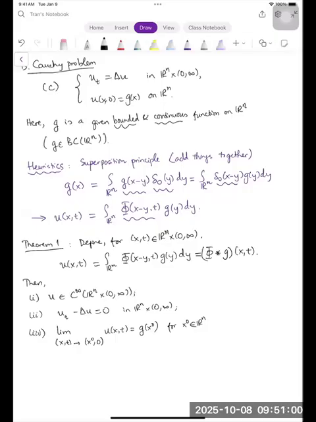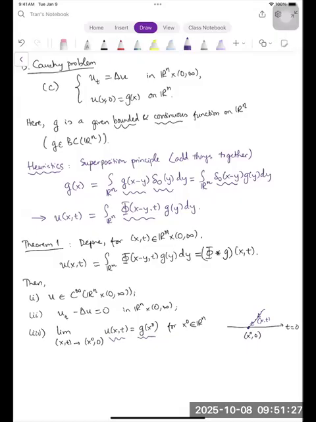So here is what it means. This is time equal to 0. Let's say I pick this point (x_0, 0). What it means is that if I have a sequence of points (x,t) going to (x_0, 0), then the value of u(x,t) will equal the value of the initial condition g(x_0).